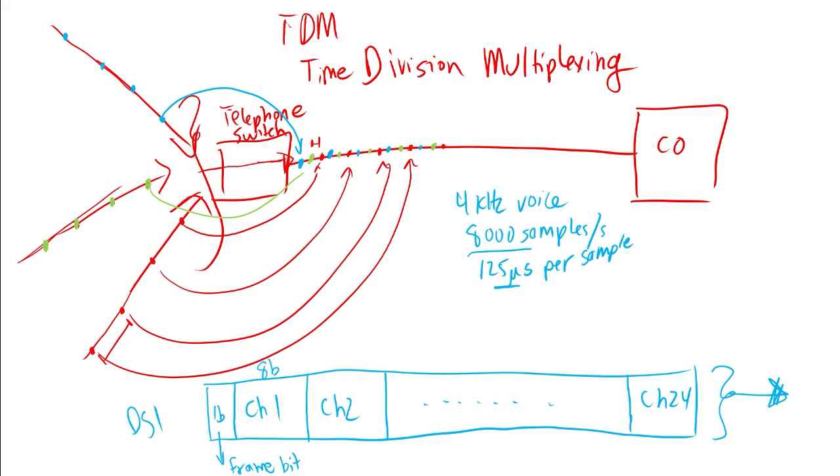So every 125 microseconds, we're sending another sample. And it's 8 bits, right? Because one byte is 8 bits. So every 125 microseconds, each item is filling up the frame.